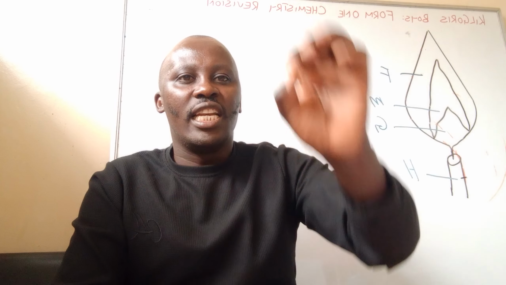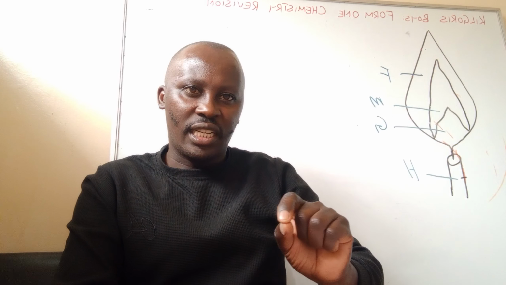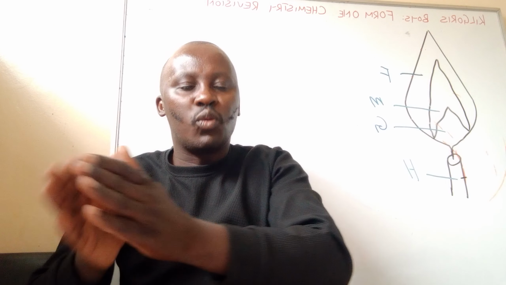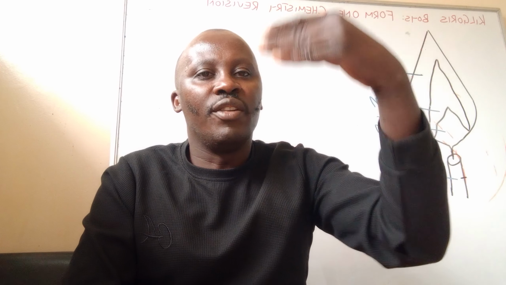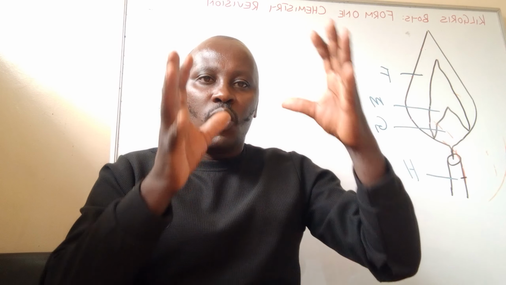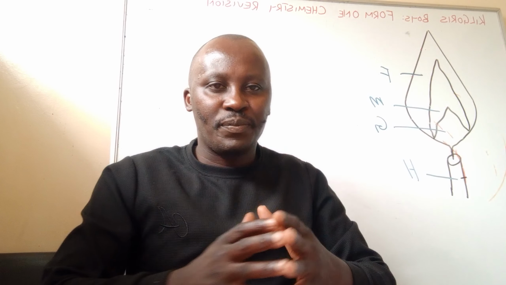Then finally, give the observation. After carrying out the experiment, what will you observe? But do not give the reasons for the observation. So we have these three important parts.